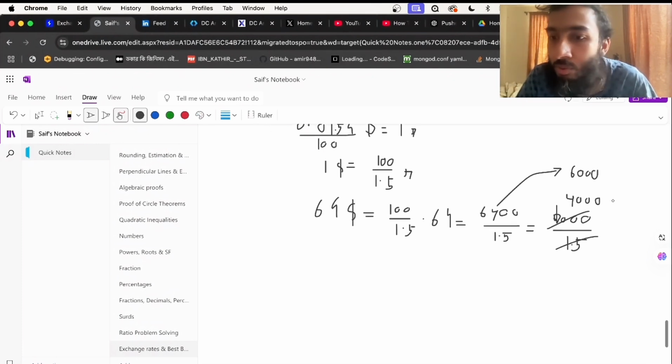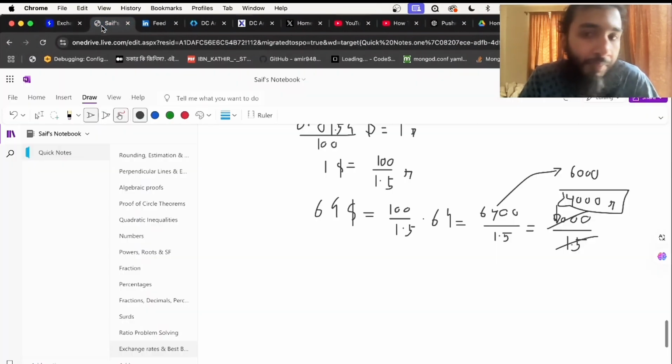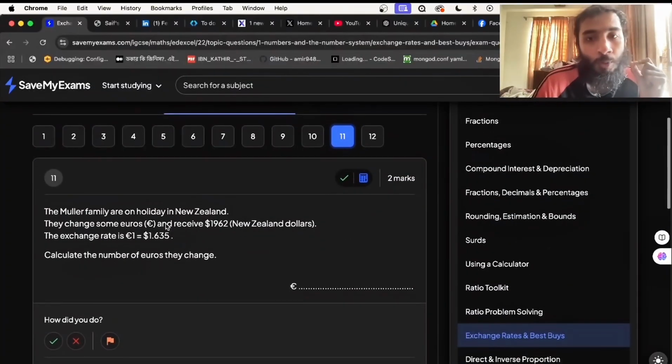So 4000 rupees is the approximate value to the nearest 10 rupees that the locomotive will cost. The answer would be 4000 rupees approximately. Now I'll focus on problem number 11.